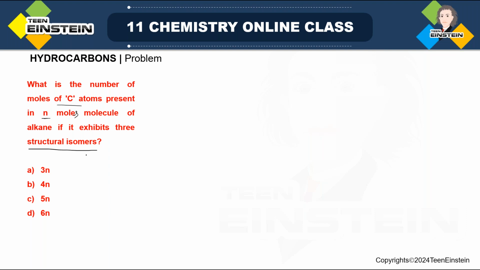structural isomers. Remember, in the last class we saw that starting from the first member of alkane, CH4, the next member is C2H6. In this way you can gradually increase the number of carbons. Just take the example of methane. When you have n moles of methane, the number of carbon is also n, because per methane molecule you have just 1 carbon atom.